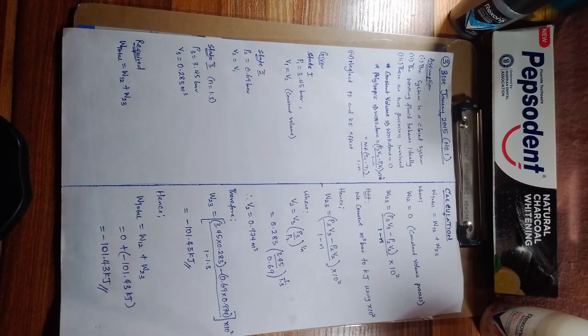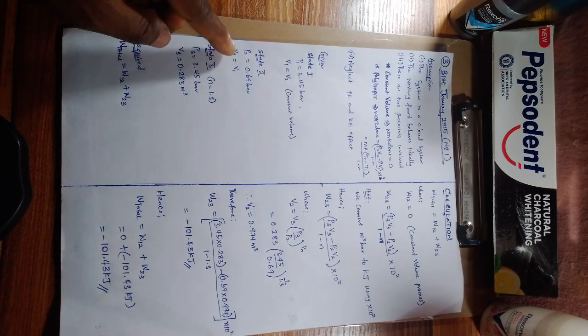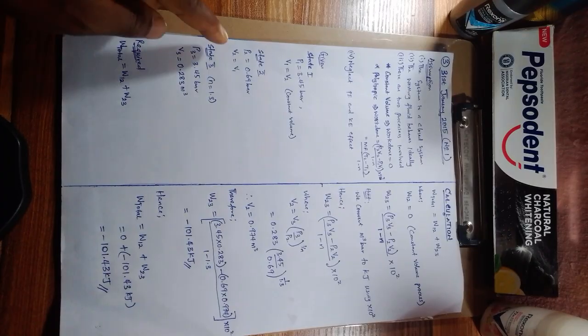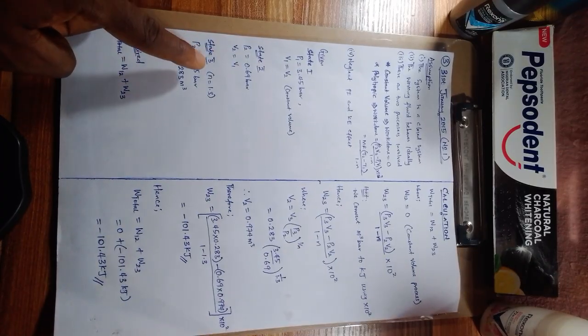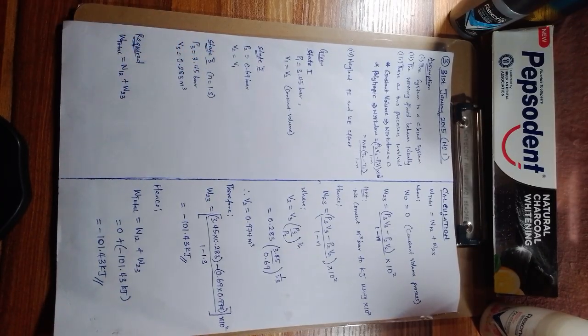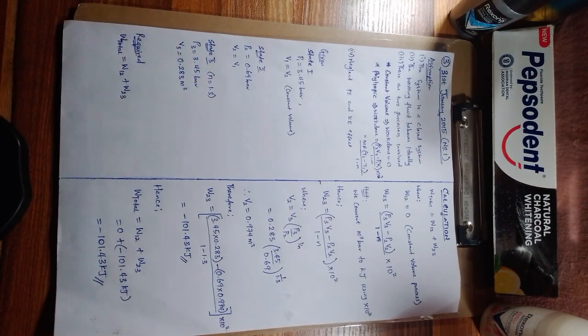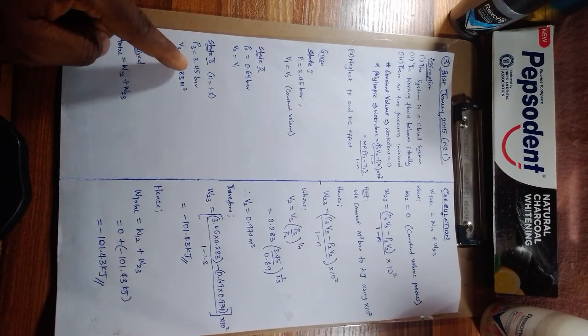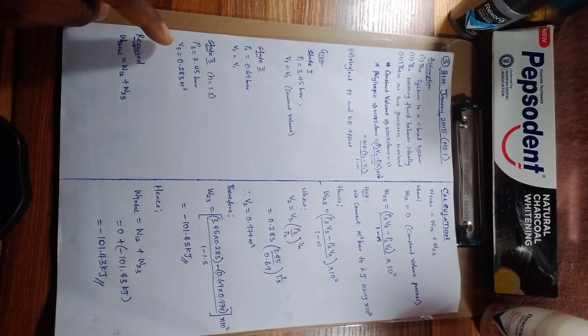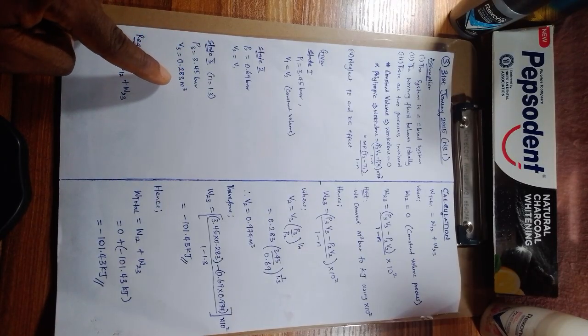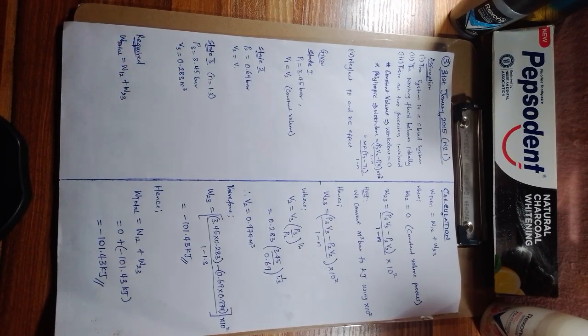So we're expecting 3 states' properties here. For the second state, P2 is equal to 0.69 bar and V2 is equal to V1. For state 3, from state 2 to state 3 is a polytropic process with n equals 1.3. Therefore, P3 is equal to 3.5 bar, V3 is equal to 0.283 meter cube.